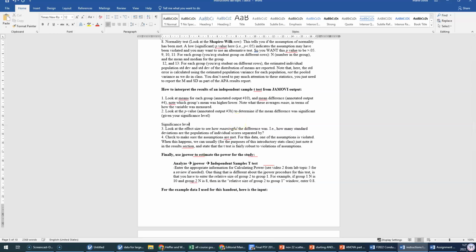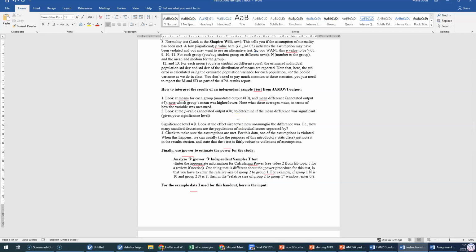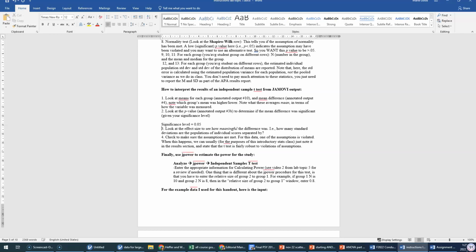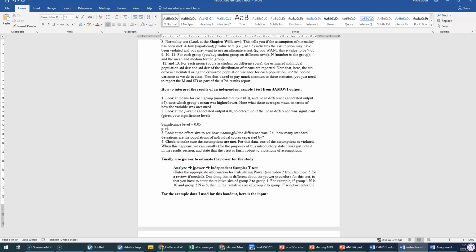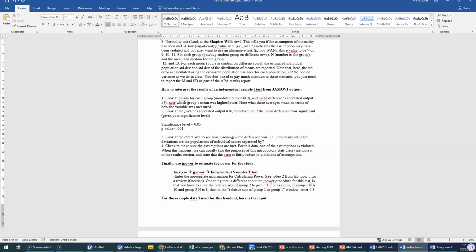Our significance level was 0.05. The p-value is less than 0.001. So the p-value is lower than the significance level. Therefore, our mean difference is significant.